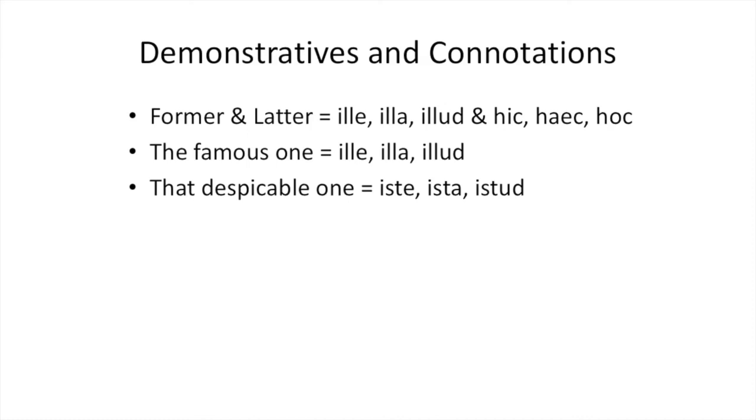Ille can mean the famous one, and iste, ista, istud can be that despicable one or that despicable thing. And that despicable one is actually a pretty common meaning for iste, ista, istud. The other two connotations are a little bit less common.